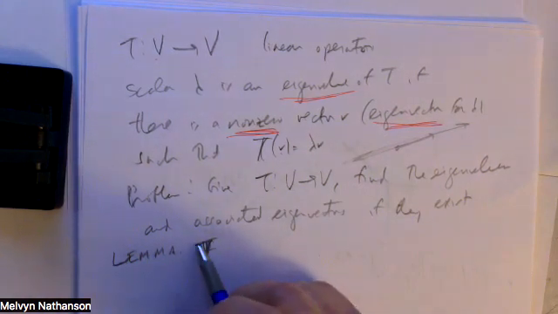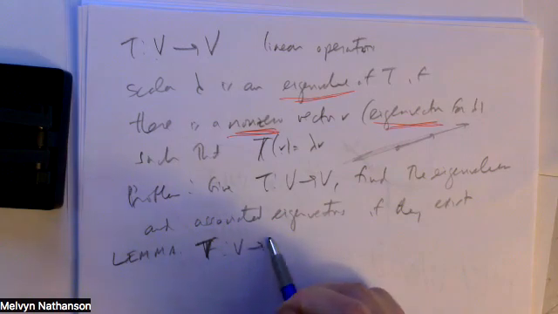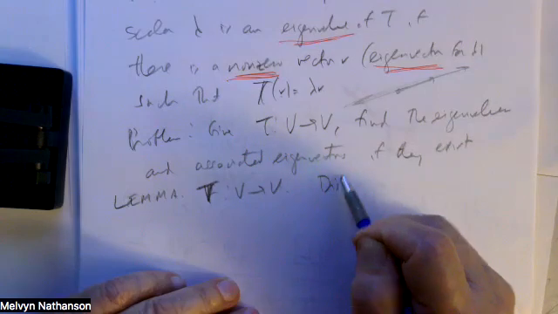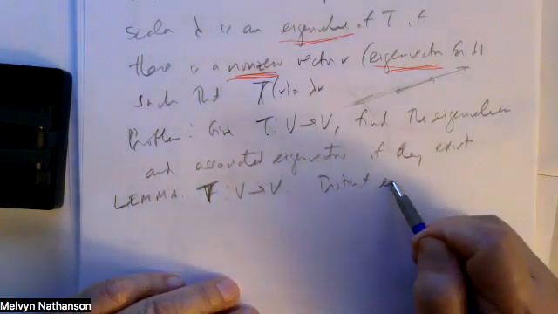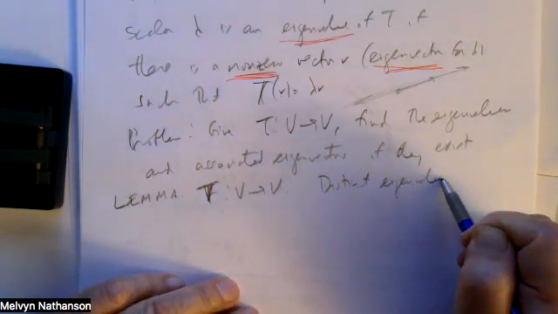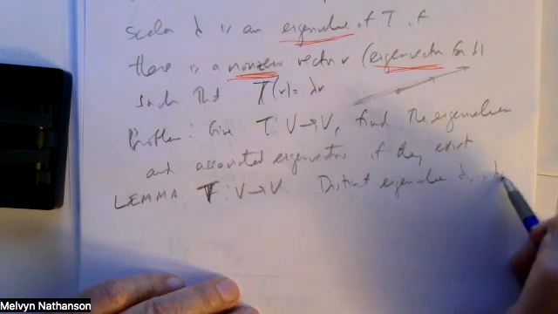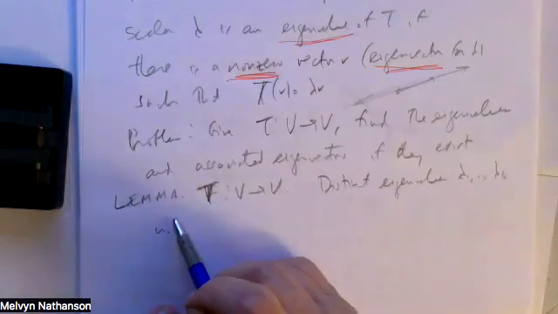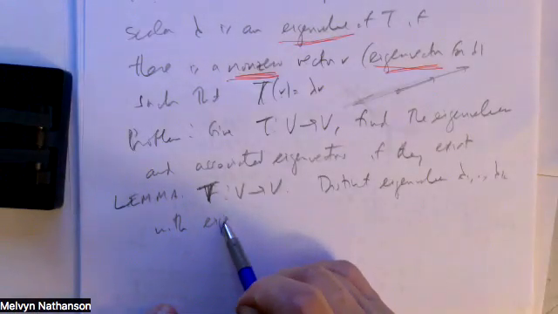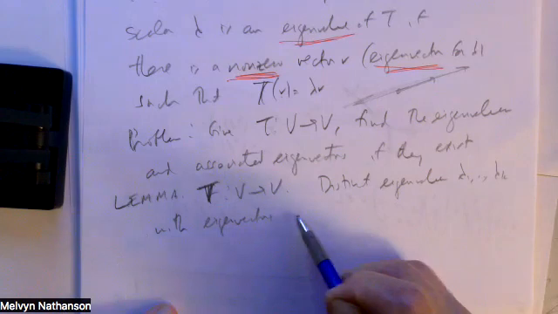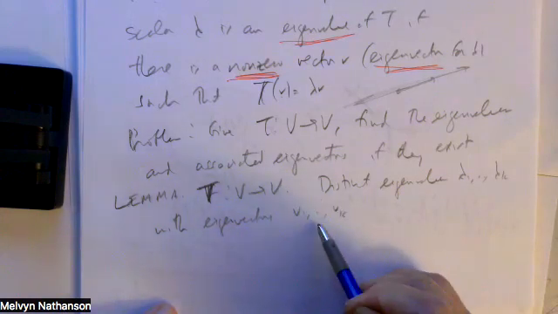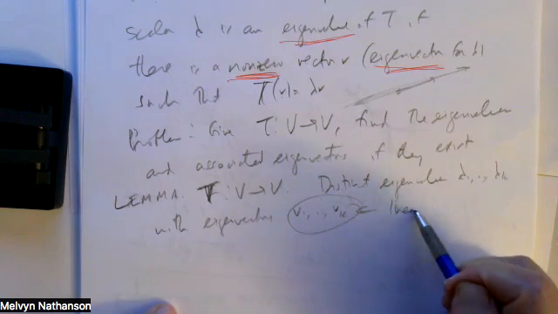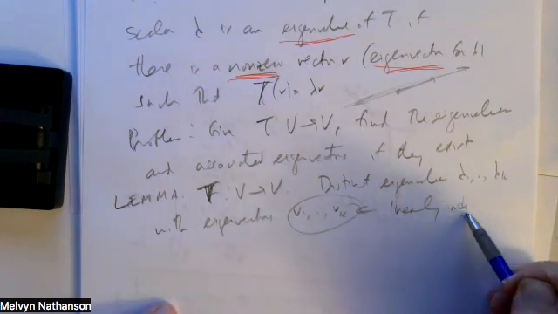So we have a linear transformation from V to itself. And suppose we have distinct eigenvalues, lambda 1 up to lambda k. So these are pairwise distinct real numbers, and they have, let's say, eigenvectors associated to them, v1 up to vk. So I claim these eigenvectors are linearly independent.